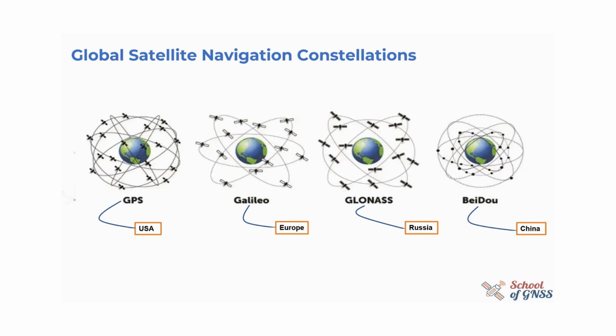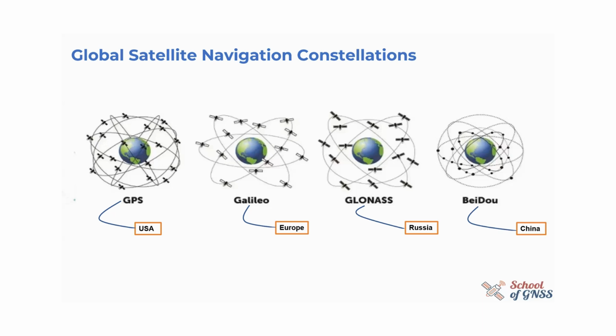So GPS, Galileo, GLONASS, and Beidou are the constellations which cover the whole Earth. The number of satellites and the orbital planes are designed in such a way that they cover the whole Earth, so they continuously give PNT services at each point of the Earth.